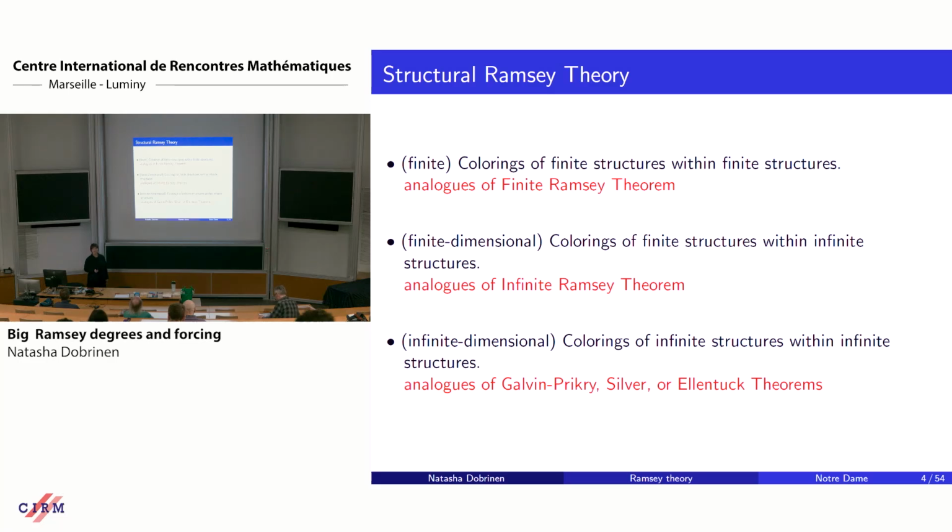And then infinite dimensional structural Ramsey theory is concerned with coloring copies of an infinite structure inside of a given infinite structure. And for these, we look for analogs of the Galvin-Prikry theorem or Silver or Ellentuck.